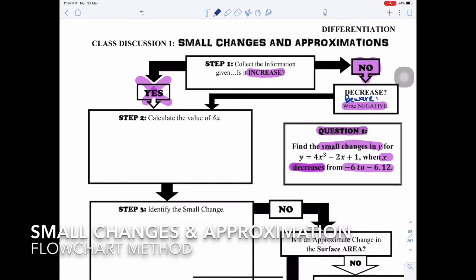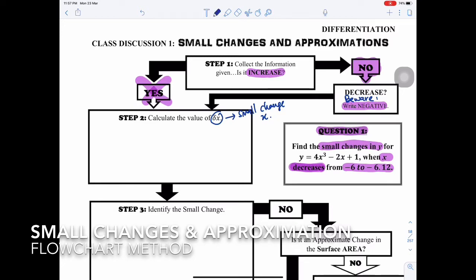Okay, step 2, calculate the value of delta x. What is delta x? Delta x is the small change of x. Okay, so it is given that when x decreases from negative 6 to negative 6.12, that is the small change in x.